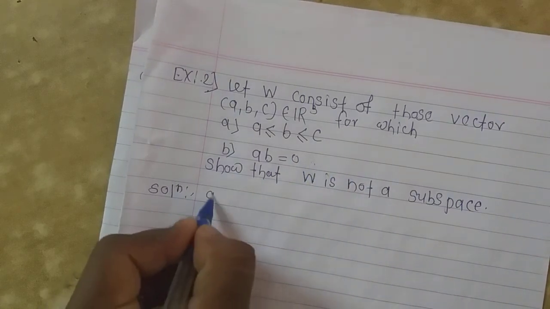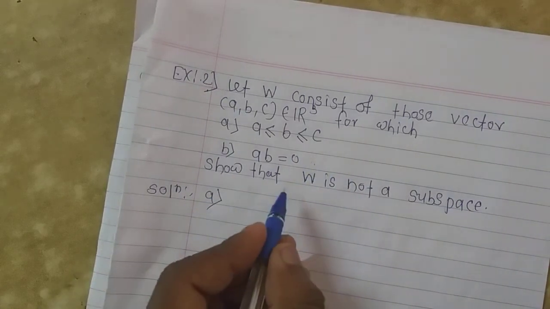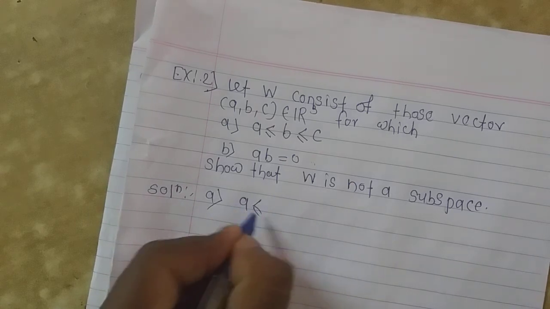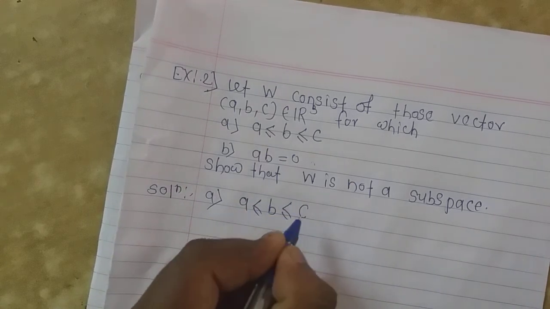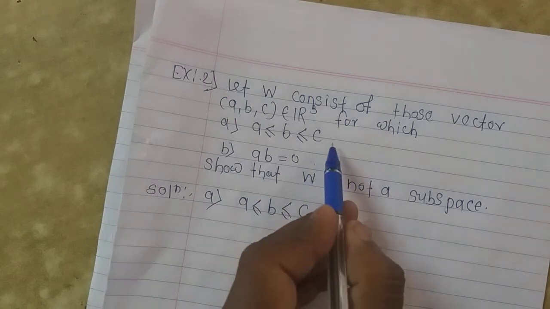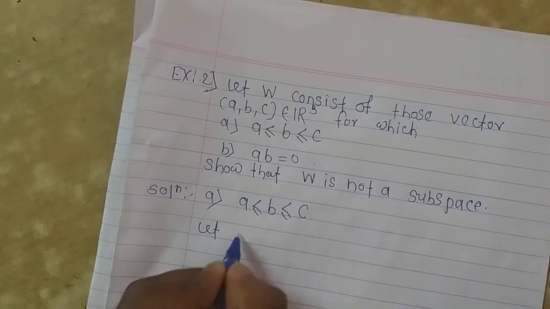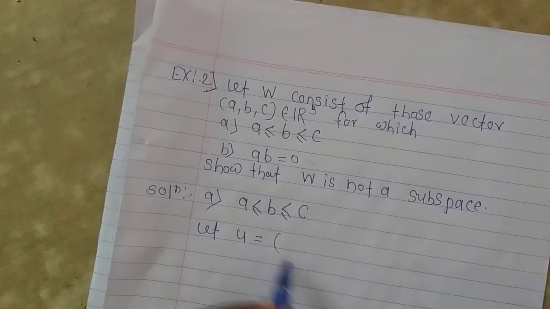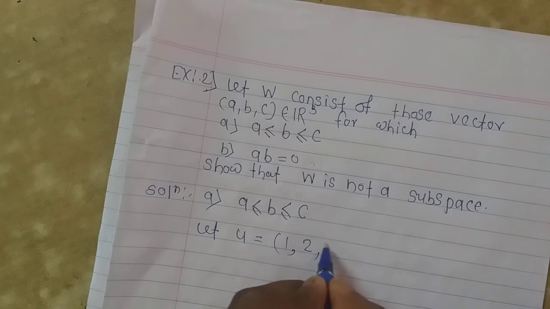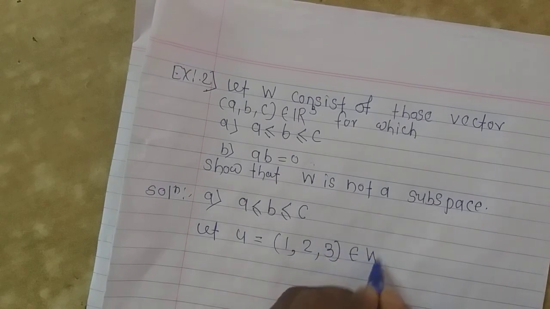Then problem number 1 has the condition A is less than or equal to B is less than or equal to C. We use the scalar multiplication, and let U is equal to (1, 2, 3), which belongs to W.